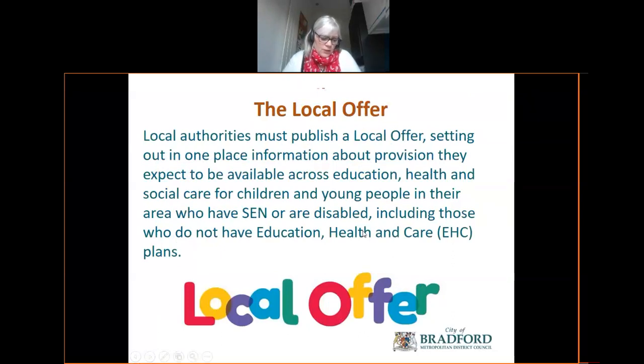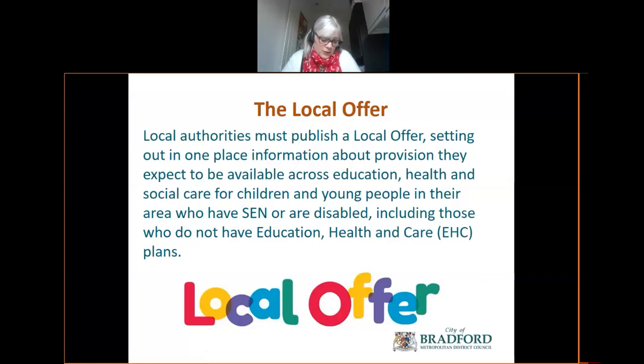Finally, as SENCO, it's useful and fairly important, in fact, to have knowledge about the local offer. The local offer is a way of giving children and young people and parents with special educational needs and disabilities information about what activities, services and support is available across education, health and social care, including the voluntary sector, in the areas where they live.